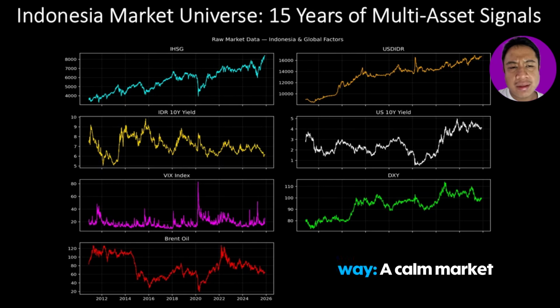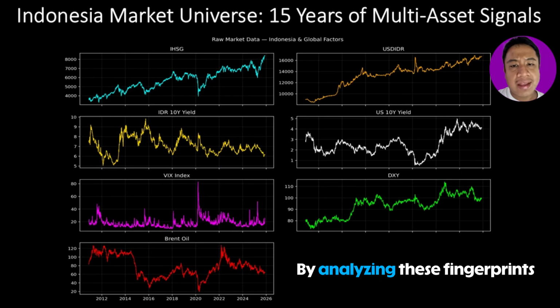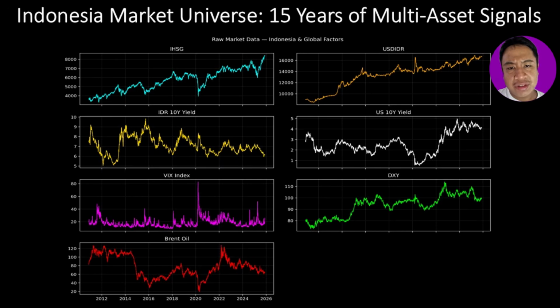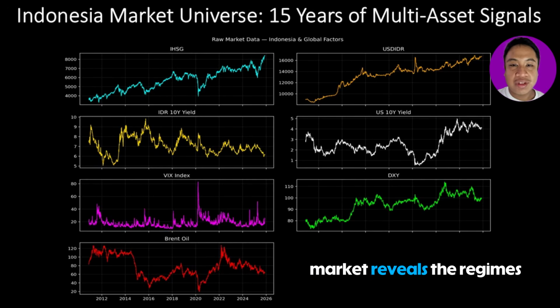Think of it this way: a calm market leaves calm fingerprints, and a crisis market leaves crisis fingerprints. By analyzing these fingerprints across equity market, FX, yields, VIX, DXY, and oil, the model clusters the data into regimes automatically. We don't tell the model what a crisis looks like. The market reveals the regimes to us.